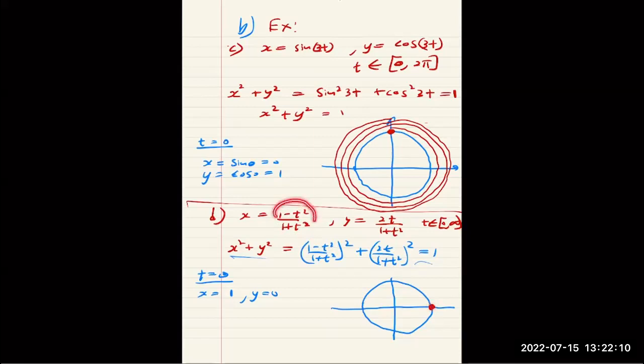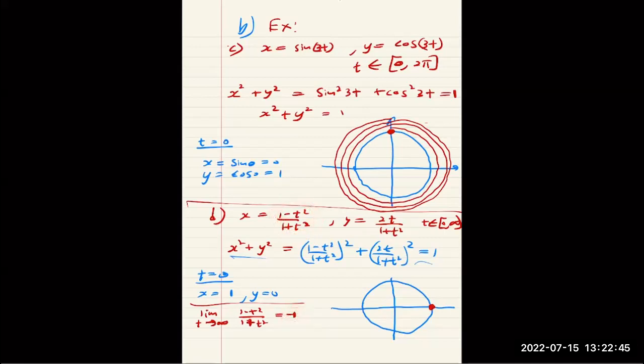You should be able to find that the limit as t approaches infinity of (1 minus t squared) over (1 plus t squared) is equal to minus 1. You just find the limit of the x coordinate, as t goes to infinity, and that is exactly minus 1.